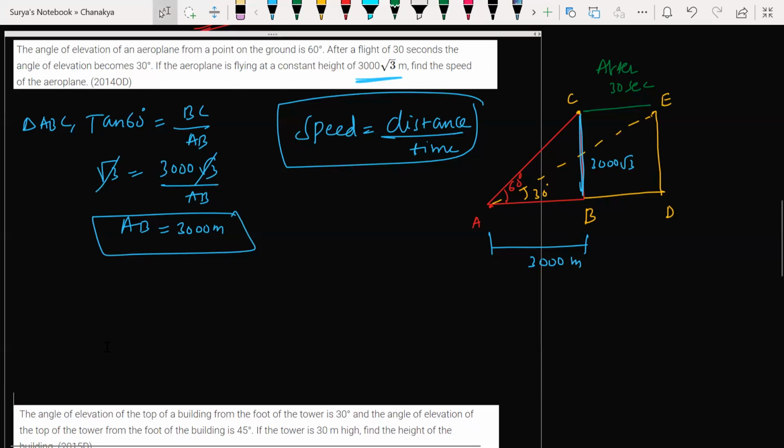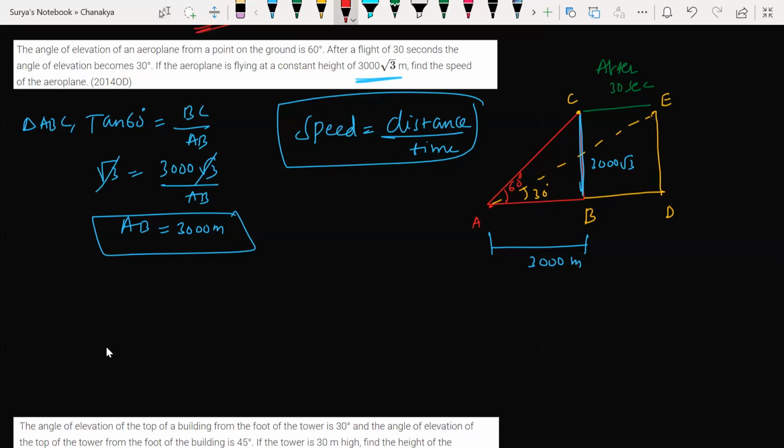AB is 3000 meters given, and from the triangle ADE, what would you get? Tan 30, DE divided by AD.